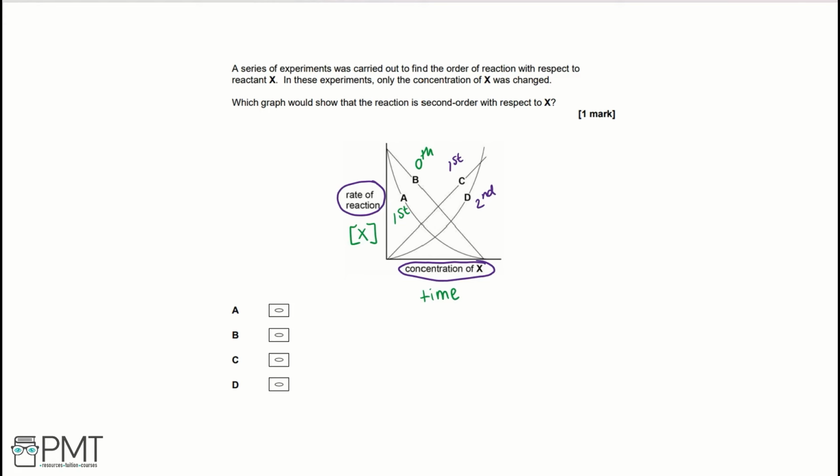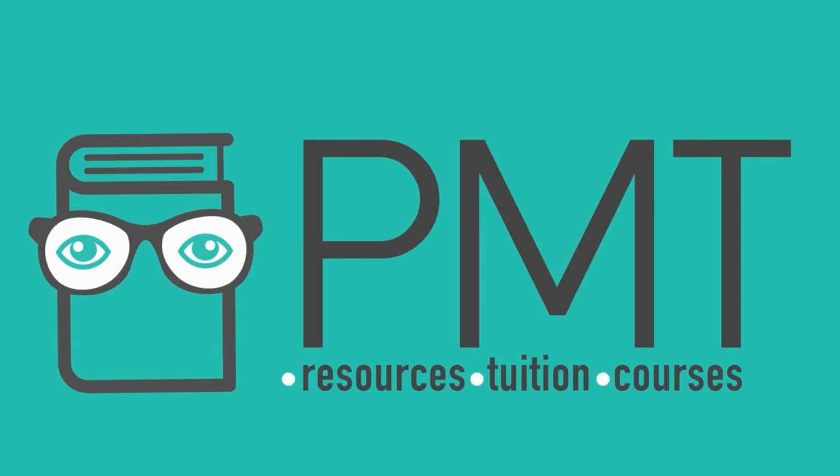So this is a common thing with rate questions where there are two different graphs, and depending on the units of the axes, you can get the graphs muddled up. But this question is asking us for the reaction being second order with respect to X, and the only one here that's second order is D. So to get the mark for this question, you need to circle the box that corresponds to D.